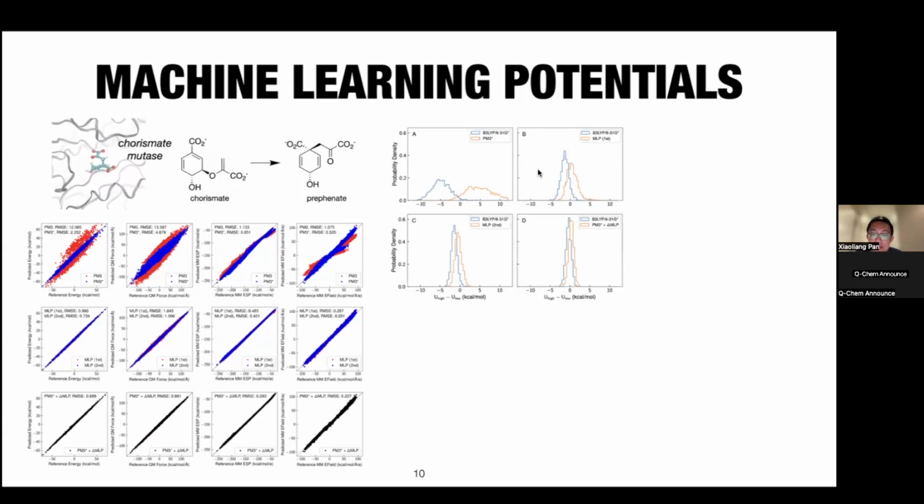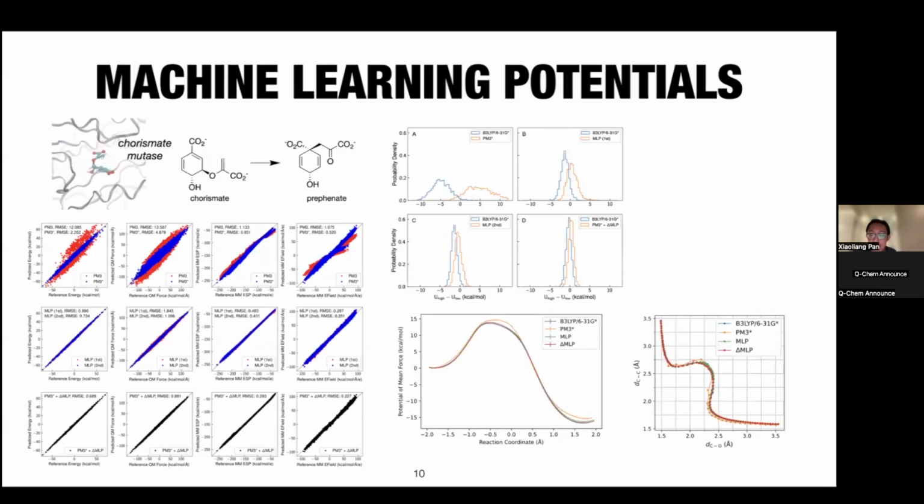And here's another way to benchmark the results. This just shows the energy error distribution. We like to see a peak distribution around zero. That means the two models have high similarity. And with this machine learning model, we can also run free energy simulations and compare with the DFT one.